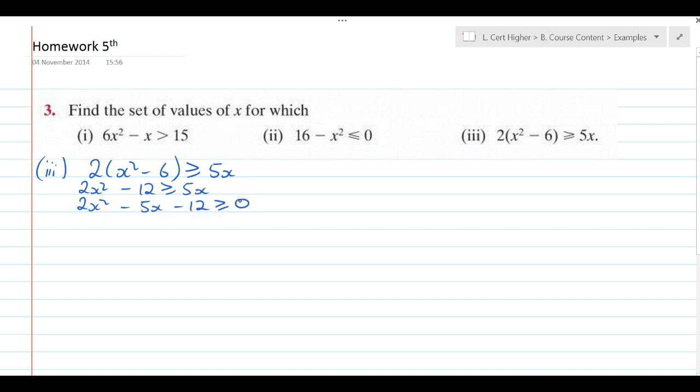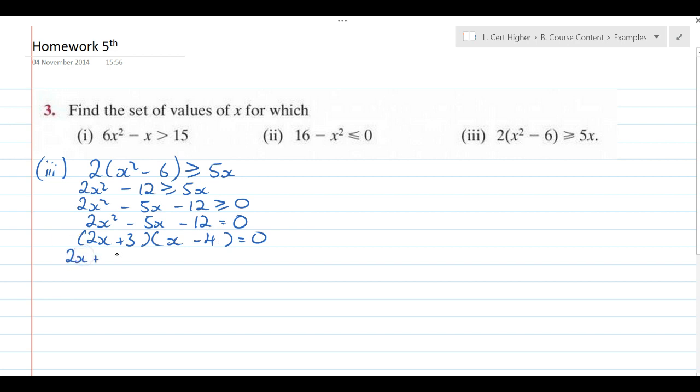or equal to 0. Now I'm going to replace the inequality sign with the equal sign. 2x squared minus 5x minus 12 equals 0. And I'm now going to factorize this and solve. So I have 2x and x, factors of 12 and a combination of 2x and x to give me minus 5x is 2x plus 3 and x subtract 4.